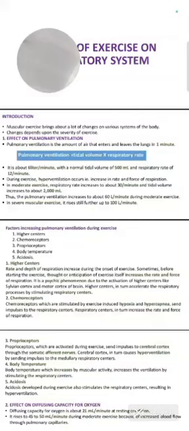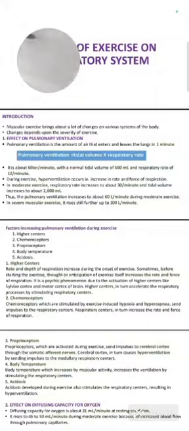Thus, the pulmonary ventilation can increase to about 60 liters per minute during moderate exercise. So even in moderate exercise, the pulmonary ventilation increases to about 10 times more than normal, that is 60 liters per minute. But in severe muscular exercise, during strenuous exercise, this may increase further up to 100 liters per minute.